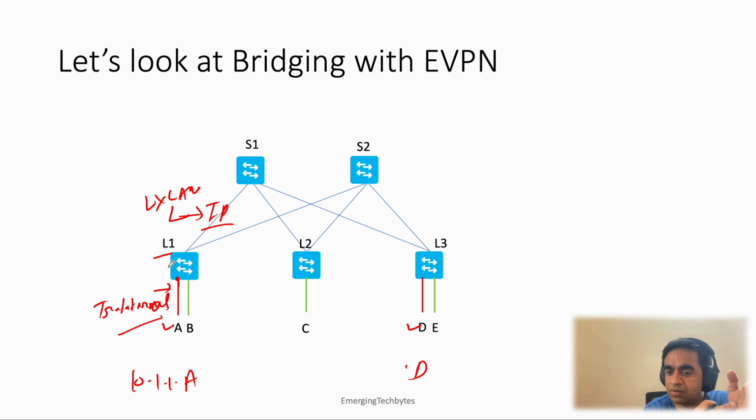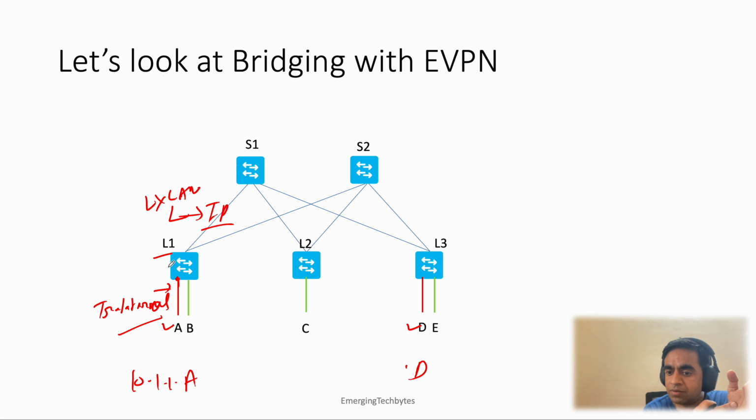When L3 receives it, L3 will see that there is this red VLAN configured, or in this case, VNI. Remember, when the packet comes from here, how will L3 figure out that this is part of the red network? Here I will configure a value 100 for VNI.